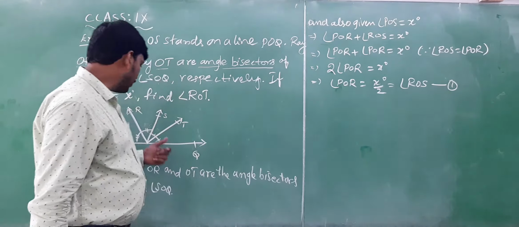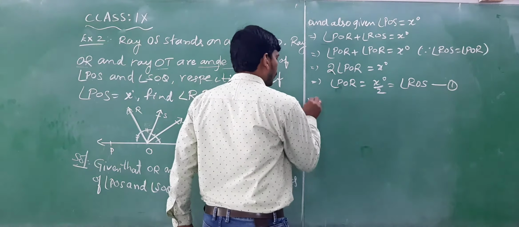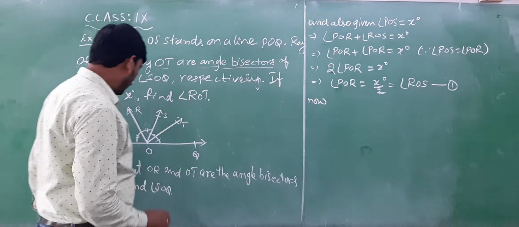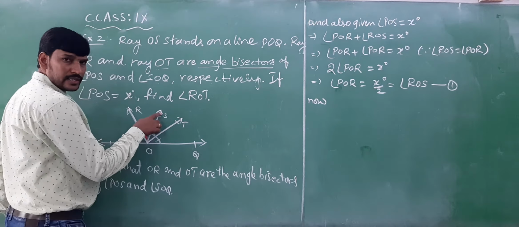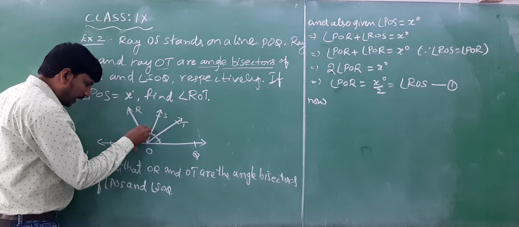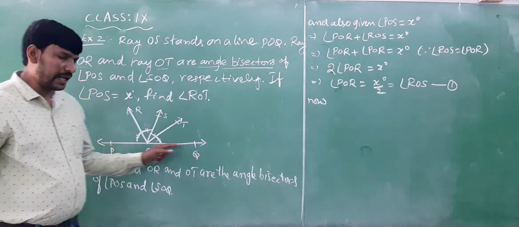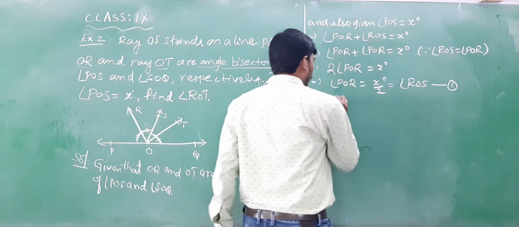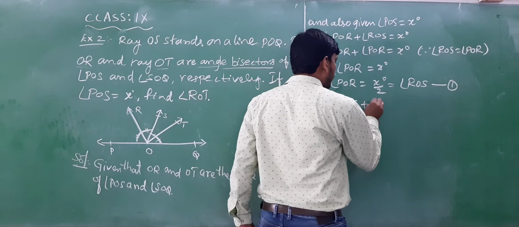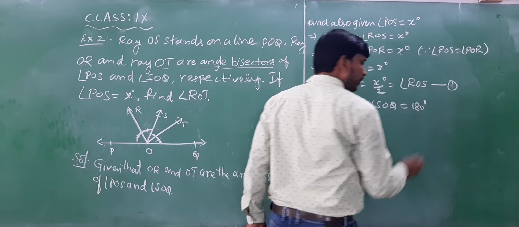In the same way, similarly, now see here, POS and SOQ. This angle and this angle are a linear pair because they lie on the same straight line. Now angle POS plus angle SOQ is equal to 180 degrees.